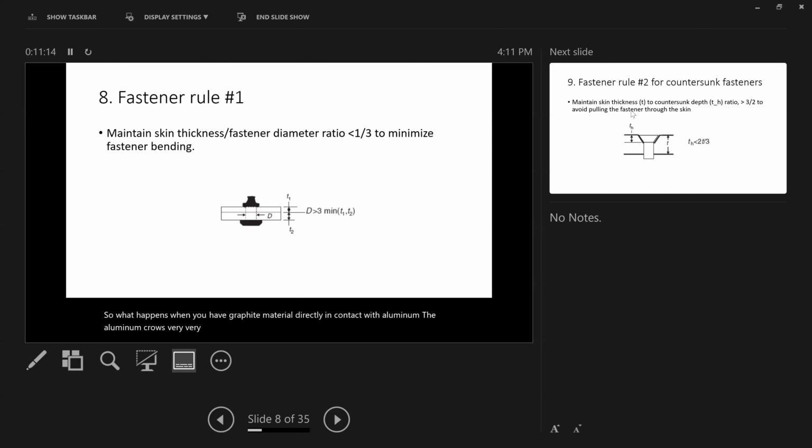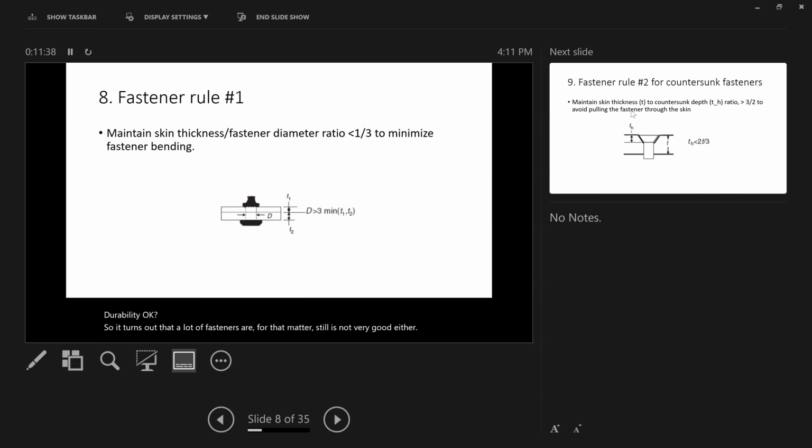If things get wet at the joints, you have accelerated aluminum corrosion. So it's not acceptable. You're not going to have durability. It turns out that steel fasteners are not very good either.